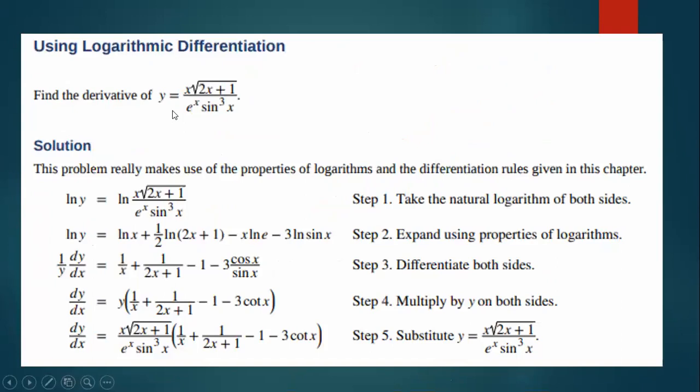Okay, again use the logarithmic differentiation for this one. So this will be the important question.